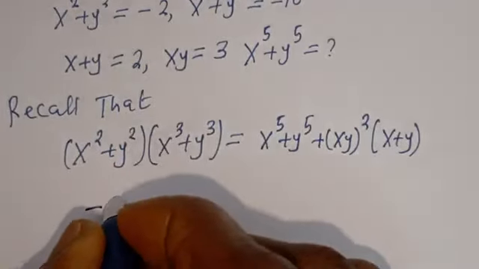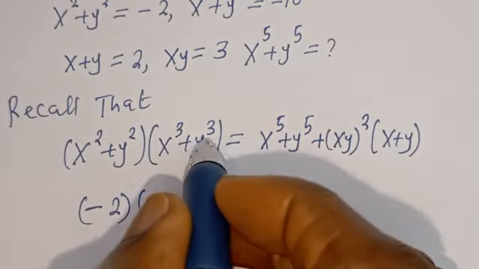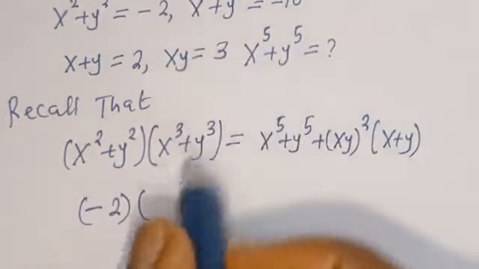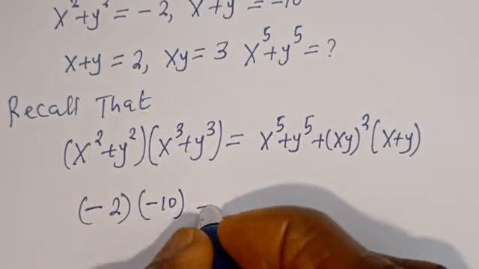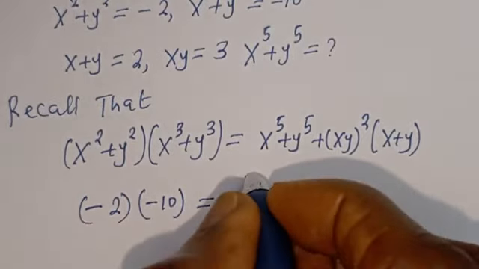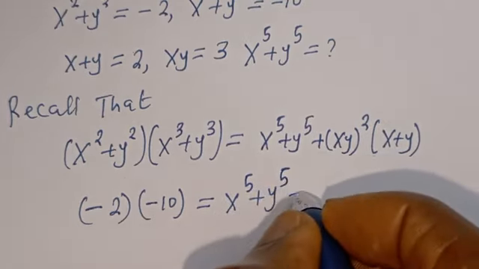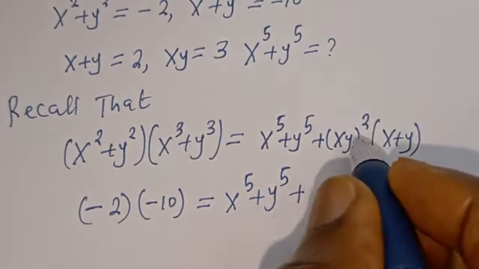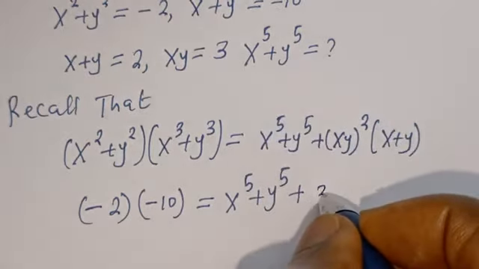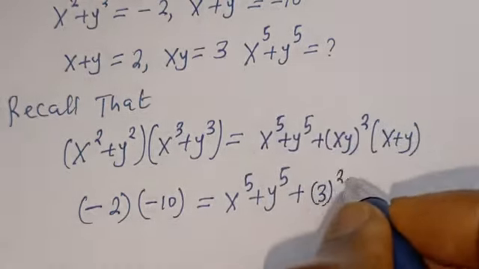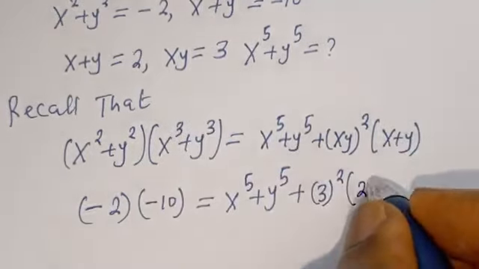This is minus 2 bracket x to the power of 3 plus y to the power of 3 is equal to minus 10. Minus 10 is equal to x to the power of 5 plus y to the power of 5 plus xy all square, that is 3 all square bracket x plus y is 2.